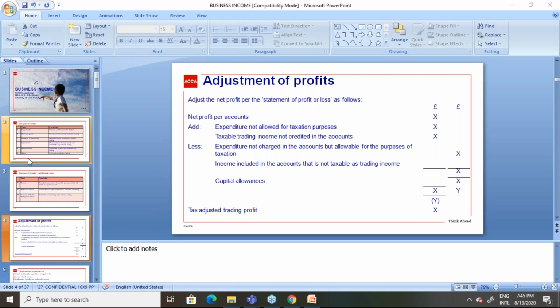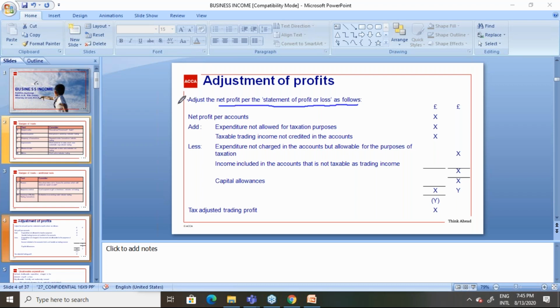So there are certain adjustments that you need to make to your accounting profit. So this is net profit as per statement of profit or loss. That is what we call the accounting profit. We cannot rely on that accounting profit.